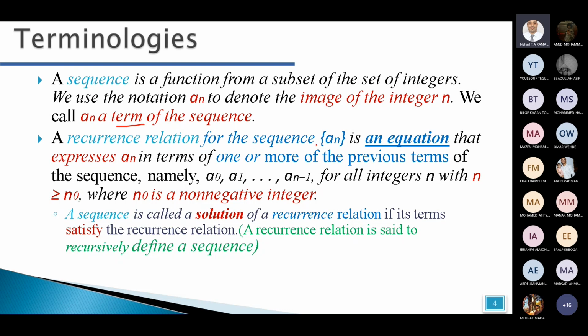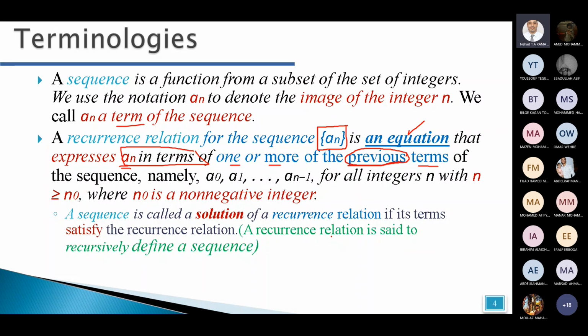A recurrence relation for a sequence a n, what's the meaning of recurrence relation? A recurrence relation is an equation that expresses a n in terms of one or more previous terms. So we describe term a n using one or more of the previous terms. This is the recurrence relation.